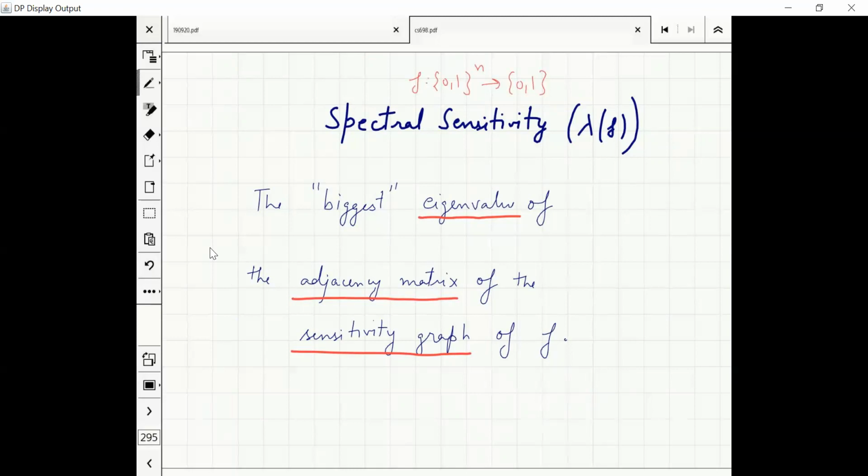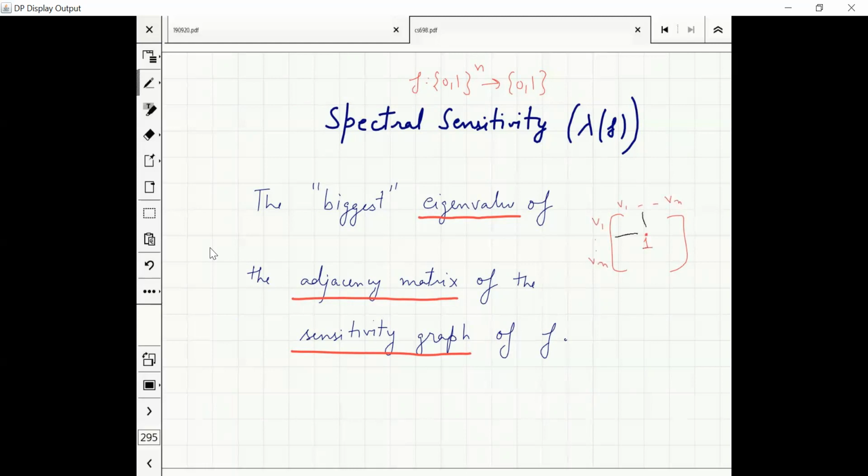So I've underlined a few things just for a sanity check. Is there anyone who doesn't know the meaning of eigenvalue? Okay, good. What about the adjacency matrix? Everyone knows what an adjacency matrix of a graph is? You have vertices lined up, and then when do you have 1?